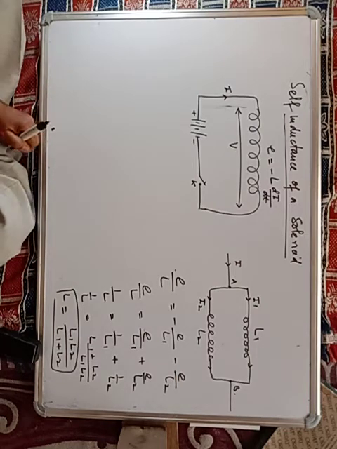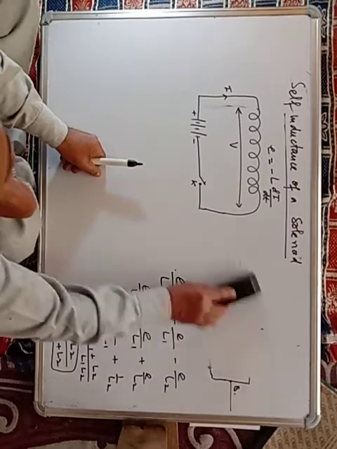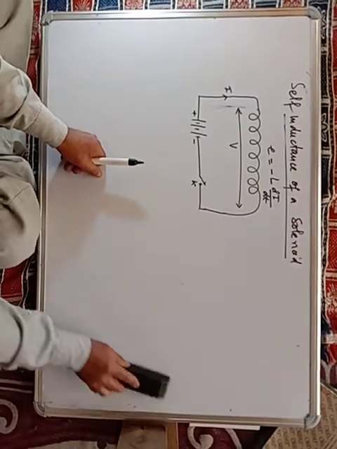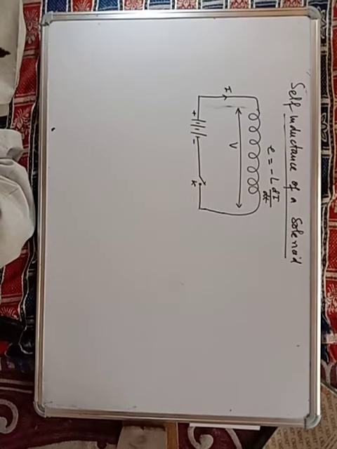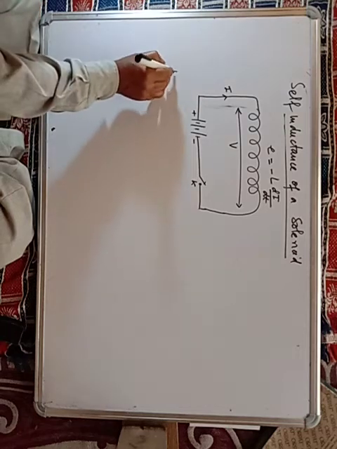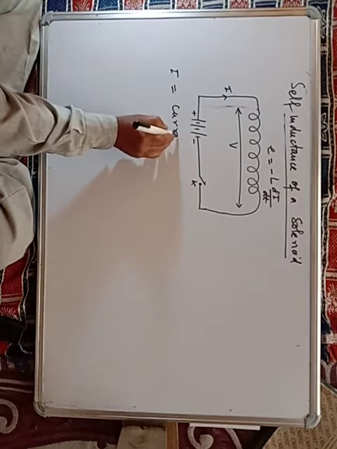So here we have to find the expression for the energy stored by the इंडक्टर. ज़्यादा डिटेल्स में मैं नहीं जाऊंगा, सिर्फ मैथमेटिकल एक्सप्रेशन यहाँ पे डिराइव होगी. So let I is equal to current that flows through it.